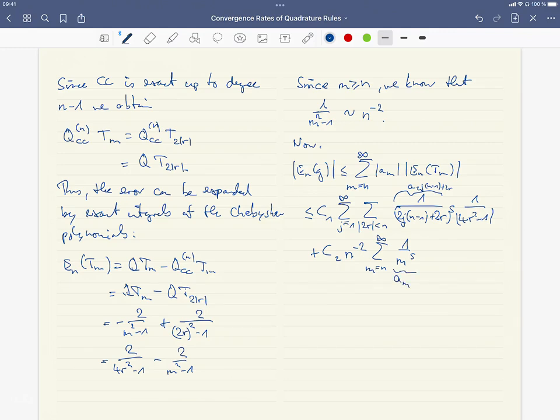Yeah, so I've put everything together based on this, which I've inserted for this term here. And then I've put here the corresponding am coefficients into here. And I'm going to call this one here S1, and this term here S2, for the sum 1 and the sum 2. And we now need to estimate S1 and S2 separately.